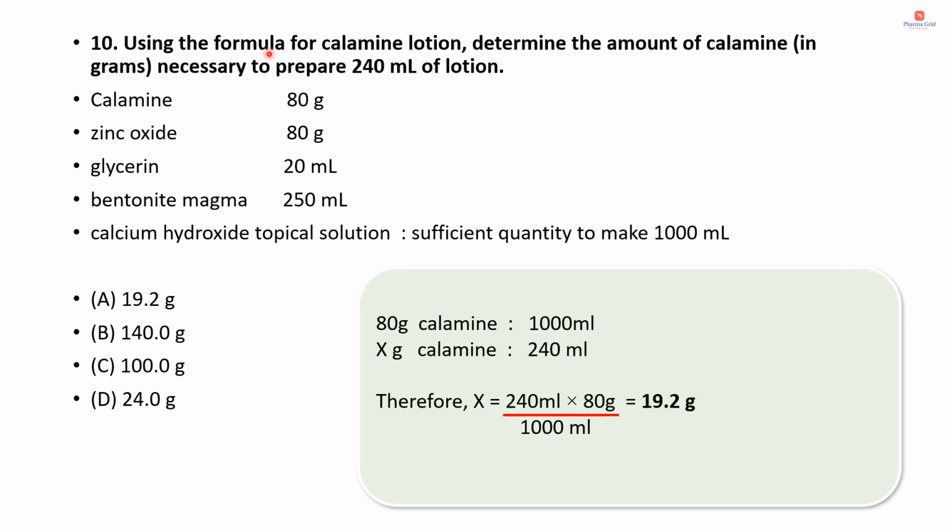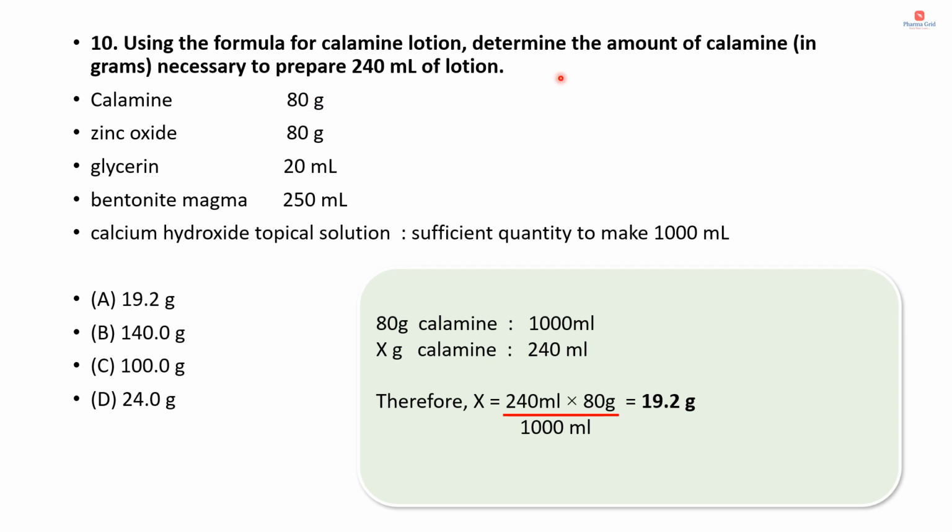Next one, using the formula for calamine lotion, determine the amount of calamine in grams necessary to prepare 240 ml of lotion. Calamine 80 gram, zinc oxide 80 gram, glycerin 20 ml, bentonite magma 250 ml, calcium hydroxide topical solution sufficient quantity to make 1000 ml. So as per this formula, we need to prepare 1000 ml. So this 1000 ml of the lotion contains 80 gram of calamine.